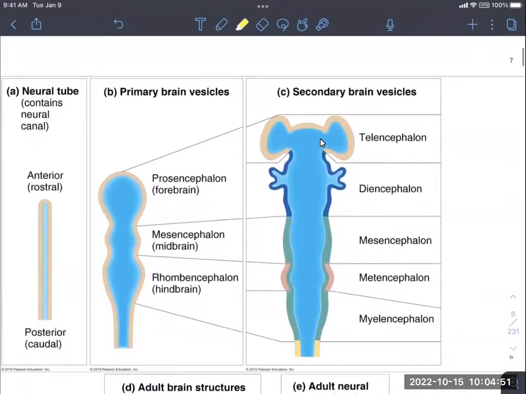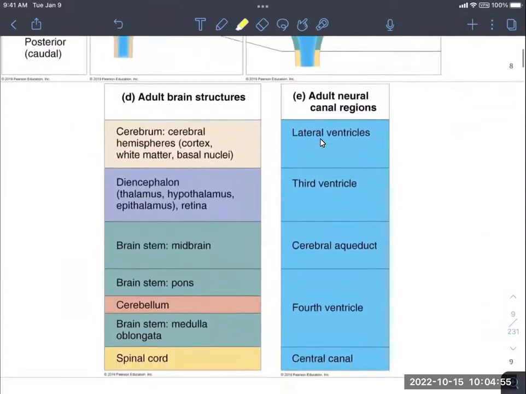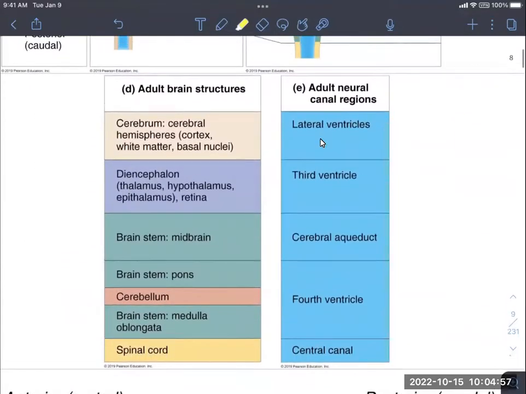So here's, again, those same first pictures. Here is where we get our adult brain. And then we have canals through our brain. So we have lateral ventricles, we have a third ventricle, a cerebral aqueduct, fourth ventricle, and a central canal.